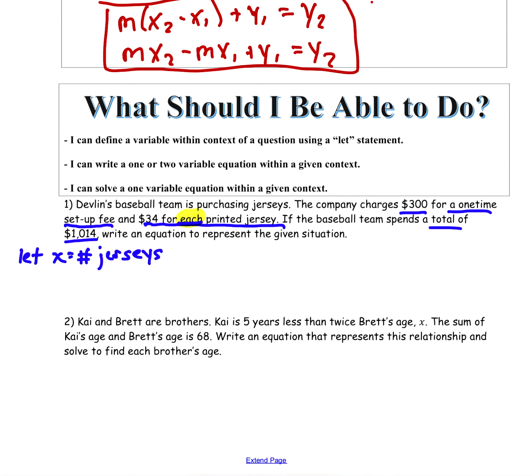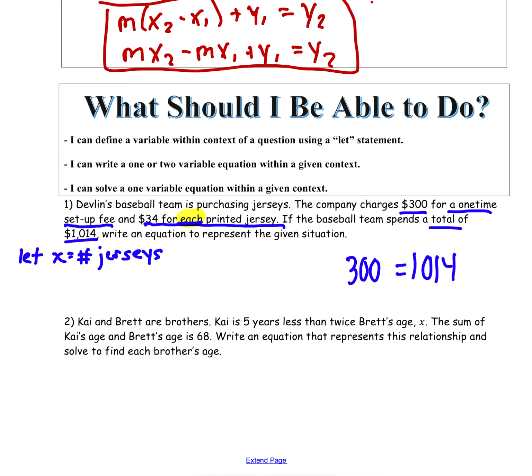And now we have to write our equation. So it has a total of 1,014. Whenever you see total, that means equal. So it's 1,014. And it charges a one-time fee of $300. So that $300, nothing's changing about it.